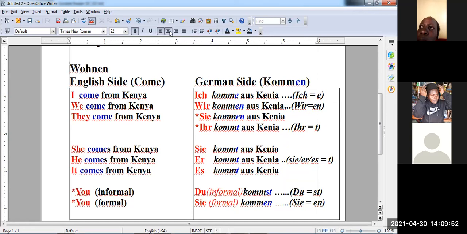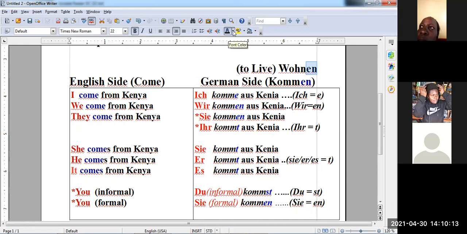This is to live, to reside. Where you reside. Wohnen, to live. I live in Hamburg. Remember the original verb all the time ends in en. Look at how beautiful it is now.